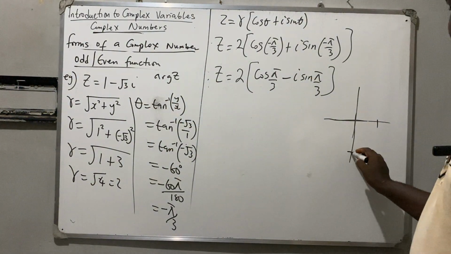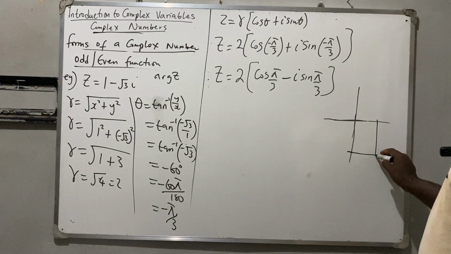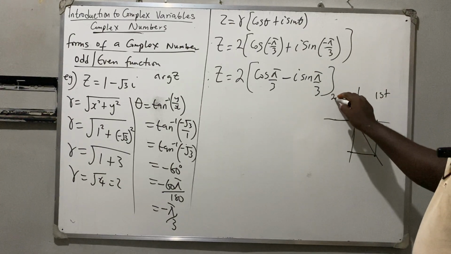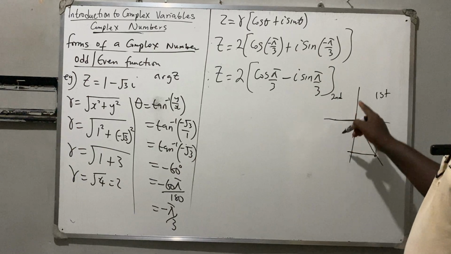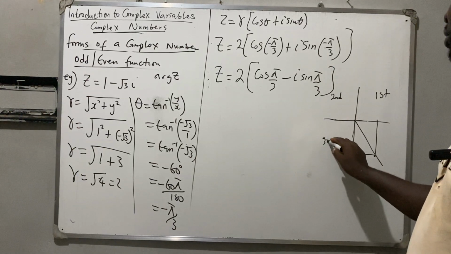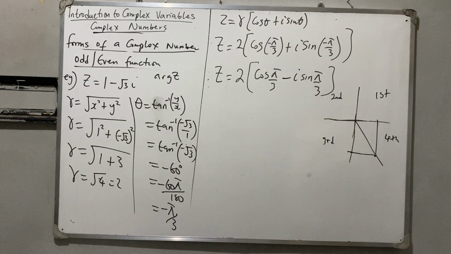Then you take the two of them, and they meet here. This is your first quadrant. You are moving anti-clockwise. Second quadrant. It's only in bearing that we move clockwise, but in trigonometry we move anti-clockwise. So this is third quadrant and this is fourth quadrant. Since this is in the fourth quadrant, what do we do?